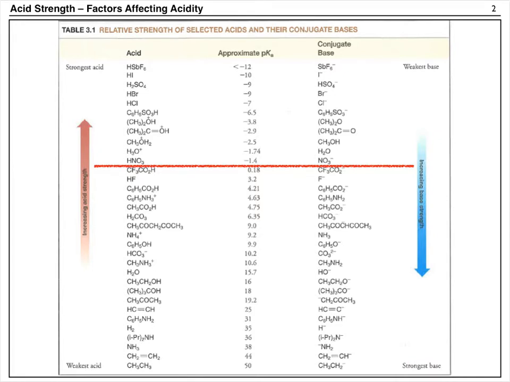Since there are so many functional groups on this column, I've drawn this line here in red between the positive pKa values and the negative pKa values. What we will do is examine the acids above the line in a separate slide and those below the line in a separate slide, pointing out different functional groups present in each category and what factors affect their acidity.